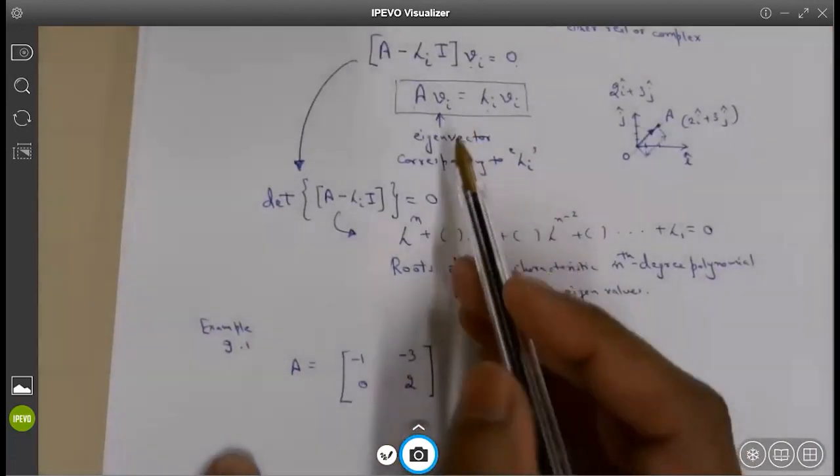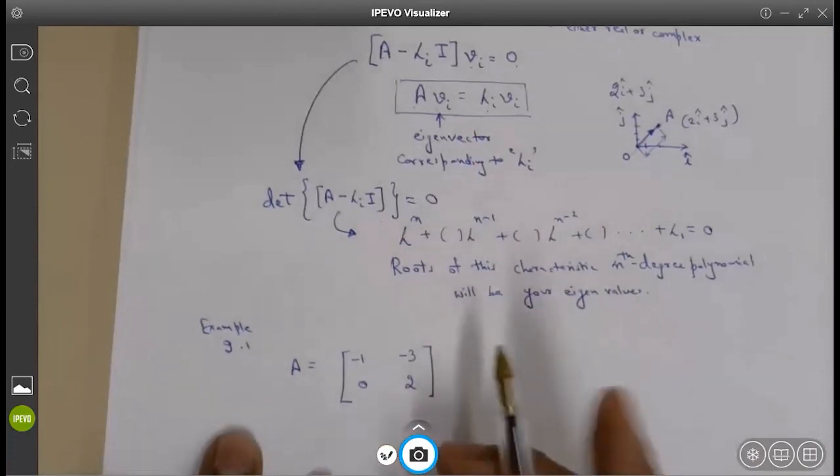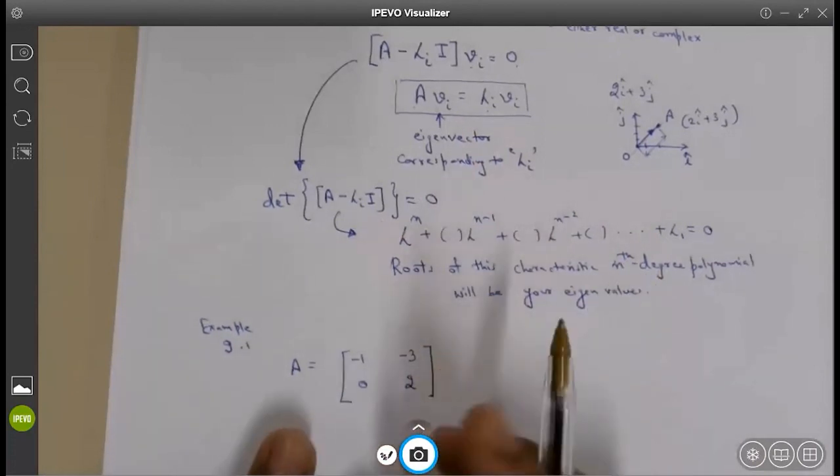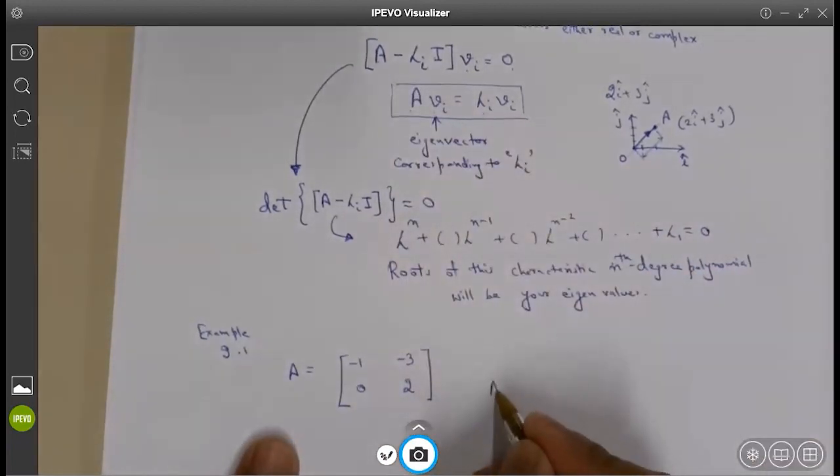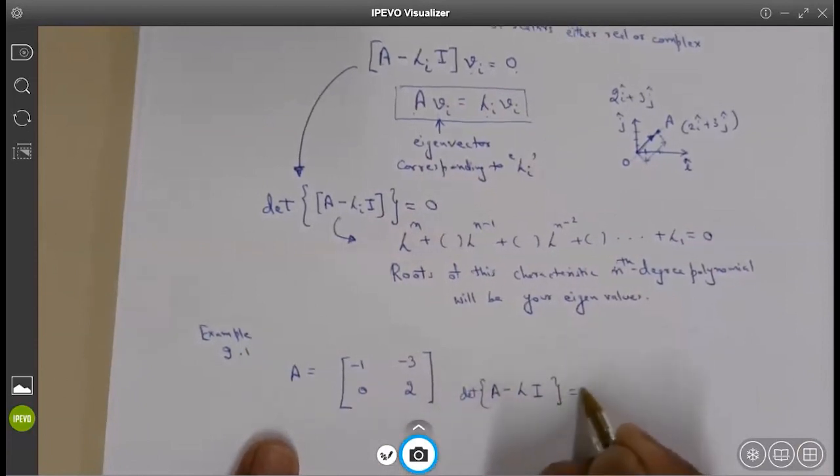If I have to find the eigenvalues for this, I will write this in equation form where the determinant of A minus lambda times I equals 0.